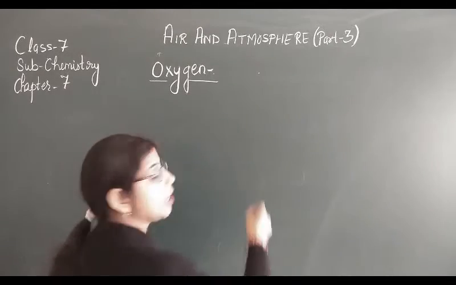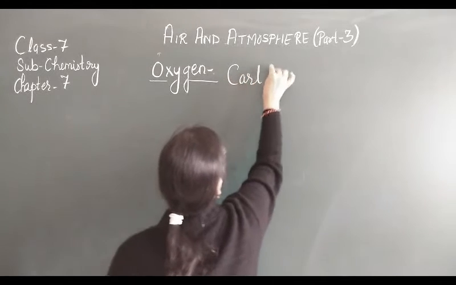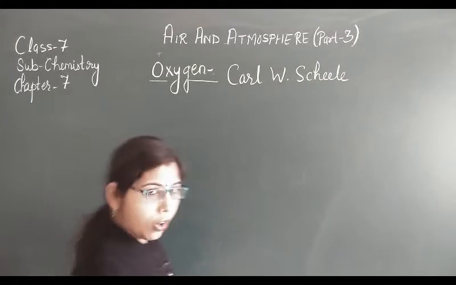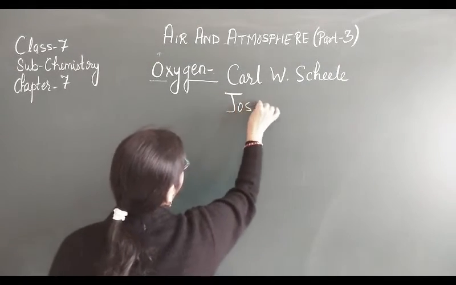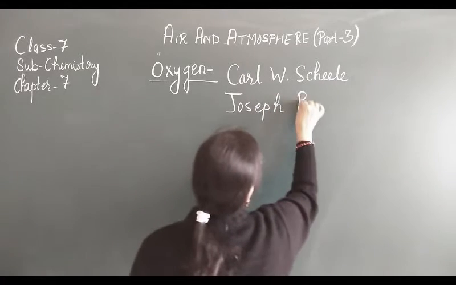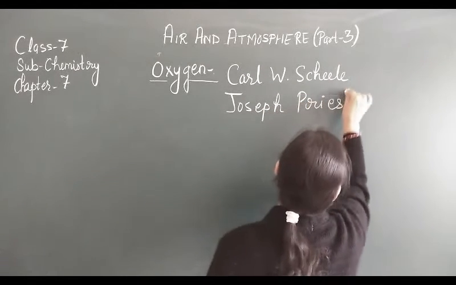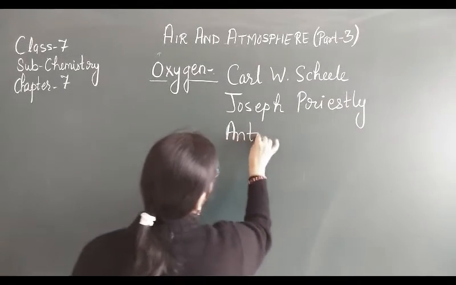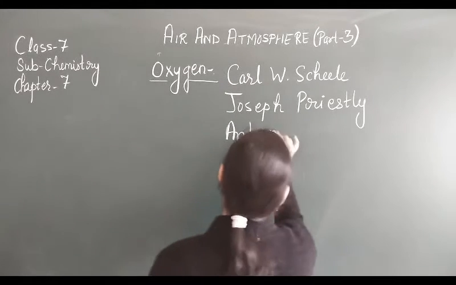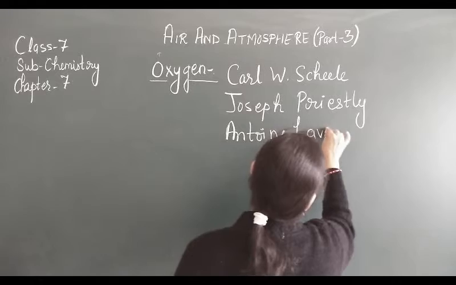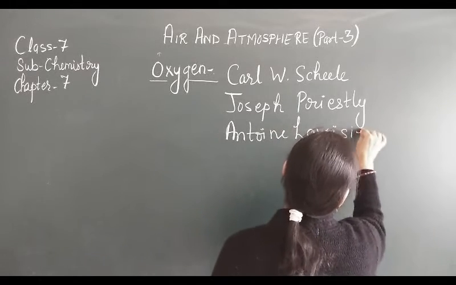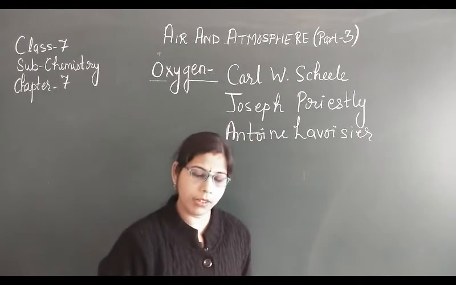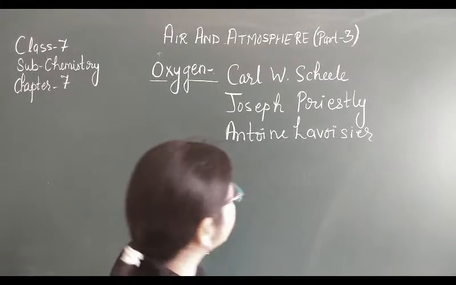That means oxygen was discovered by Carl W. Scheele, Joseph Priestley, and Antoine Lavoisier. So this was discovered independently by Carl Scheele, Antoine Lavoisier and Joseph Priestley.